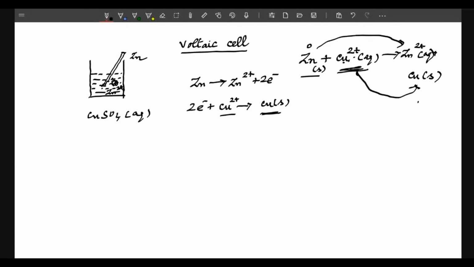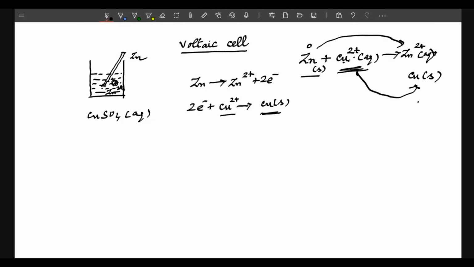And the zinc rod weight goes on decreasing. Why does the zinc rod weight decrease? Because it is converted into Zn2+ and goes into the solution. Therefore, the zinc rod is losing weight.